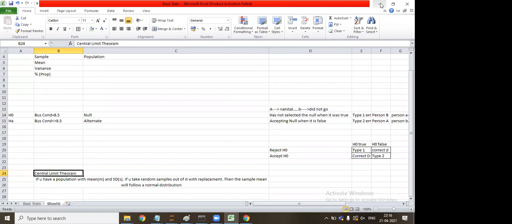So in case you are taking n as 30, then n is 30. In case you're taking 50 samples, then n is 50. It will be fine if the sample size is more than 30. It can be anything, but at 30, it will start approximating a normal distribution. Okay.